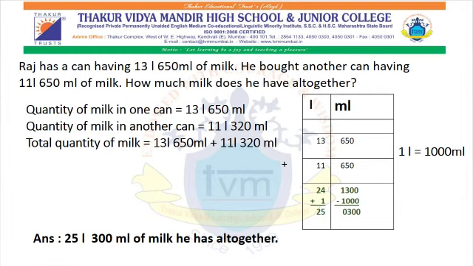So when you are subtracting 1000 on the milliliter side, you have to add in the liter side, right? So plus 1 in liter side and minus 1000 in milliliter side. So in liter side you will have 25 and in milliliters you are having 300. So the answer is 25 liters and 300 milliliters of milk he has altogether.